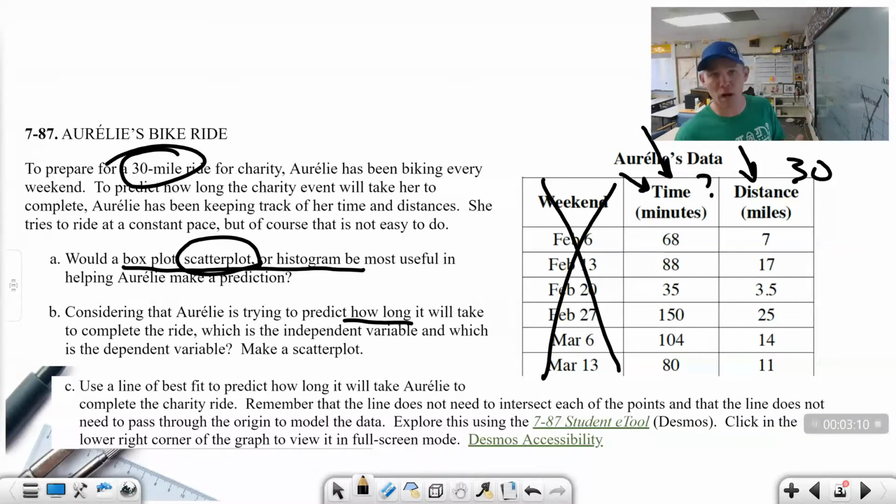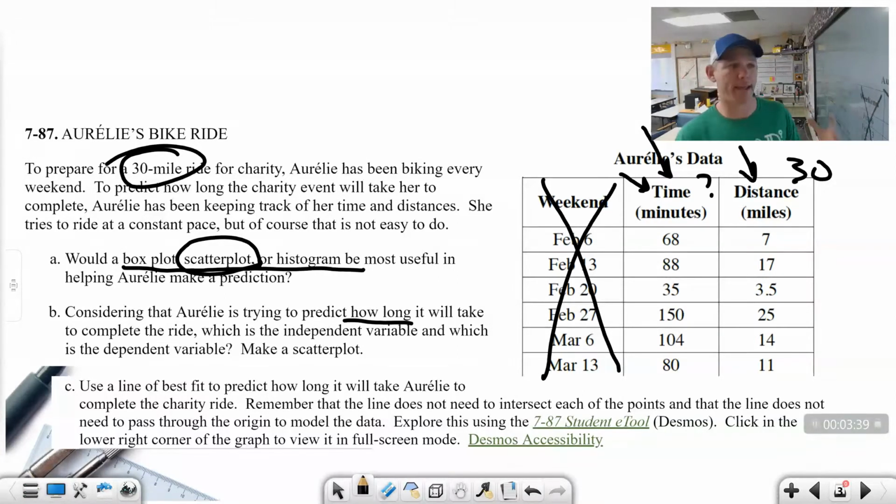Okay? Now, in this problem, which is the independent and which is the dependent? On your lines down below, I want you to write, in this problem, distance is the independent variable, and time is the dependent variable.